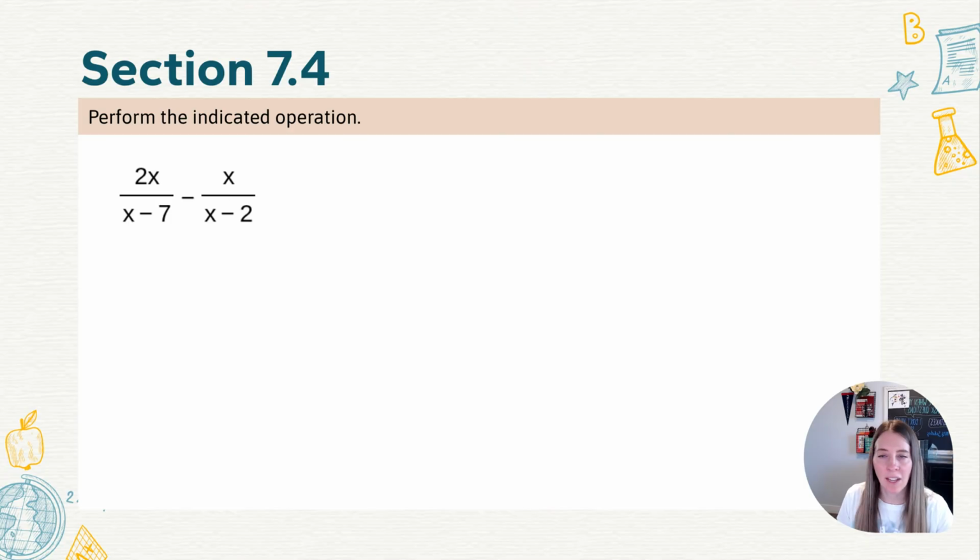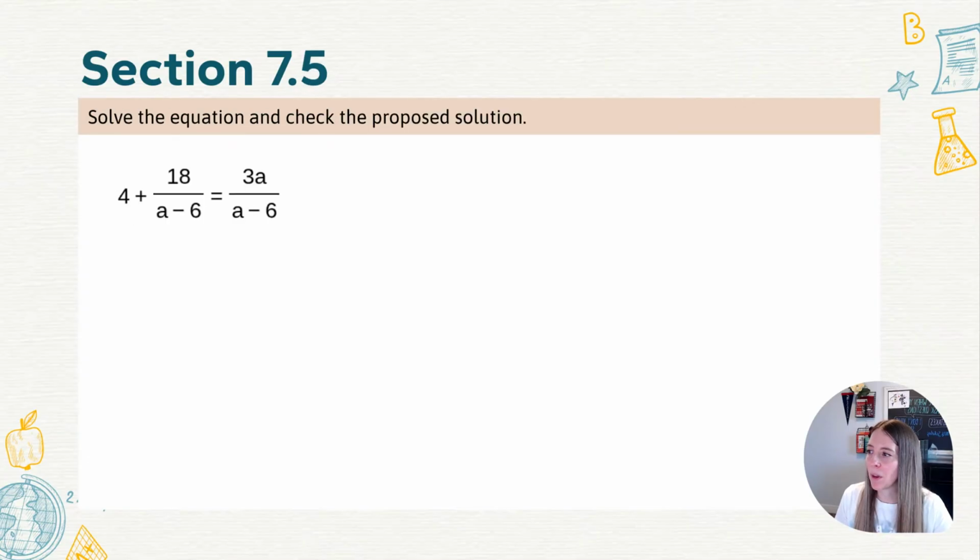Here's section 7.4. This one is asking you to perform the indicated operation. How confident do you feel that you could subtract these two rational expressions that have different denominators? Section 7.5 asks you to solve this equation and check the proposed solution.